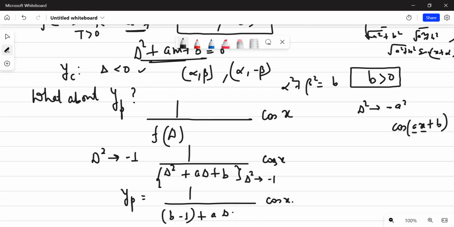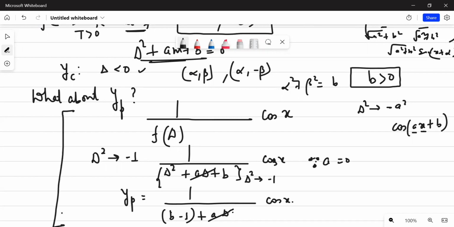Am I doing anything wrong? Check. Now a is 0, so this will not survive. That is clear, because if a is not 0, then overall your complementary function would not remain periodic.